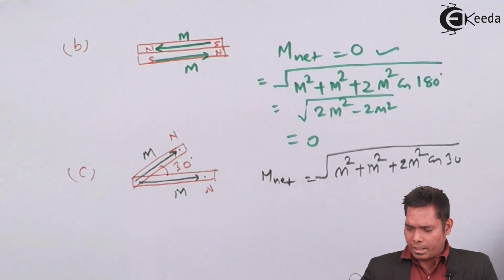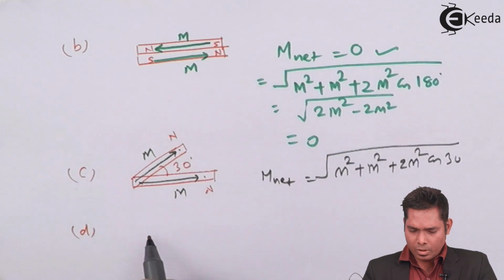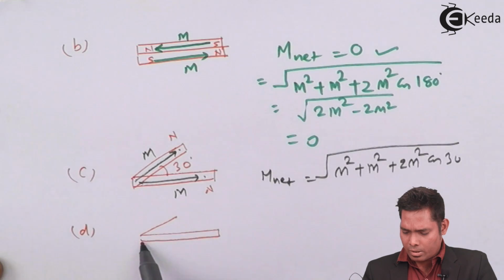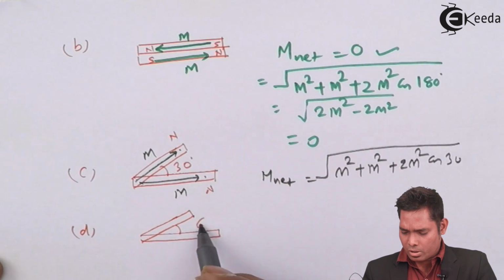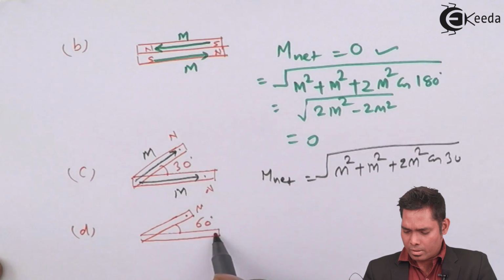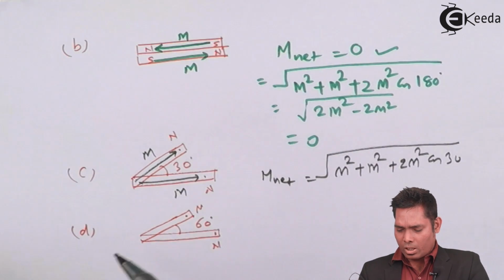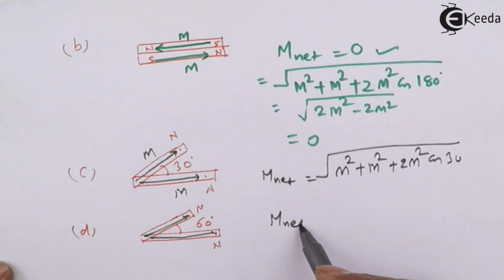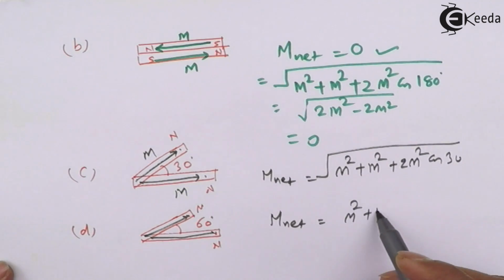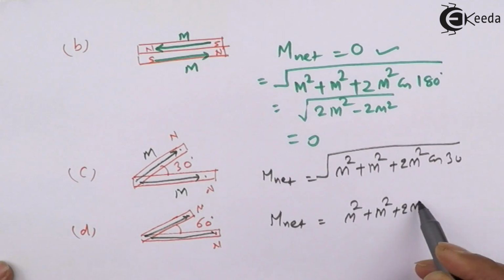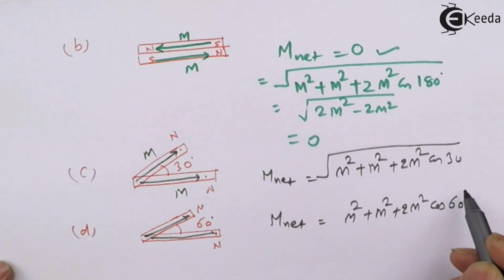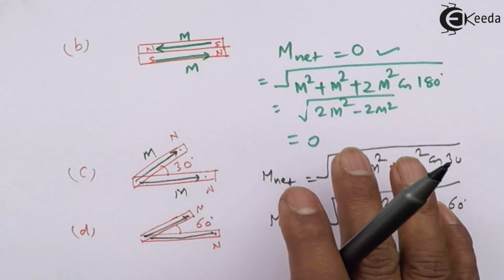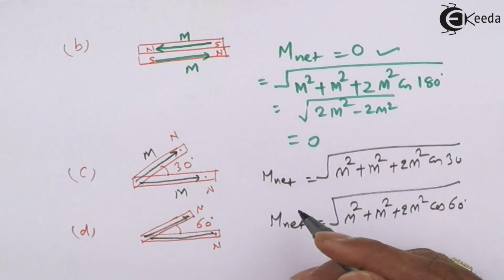Similarly, for D, the angle is 60. The same situation, only the angle is now 60. Nothing else has changed. So M net equals root of M square plus M square plus 2 M square cos 60. Basically it is the same formula used for different angles, 90, 180, 30, 60.